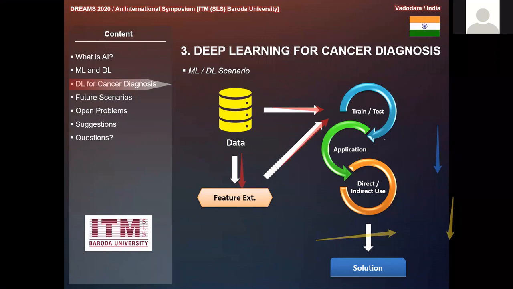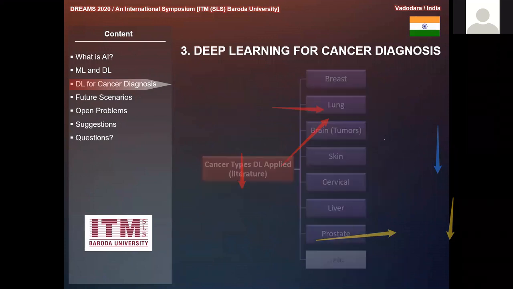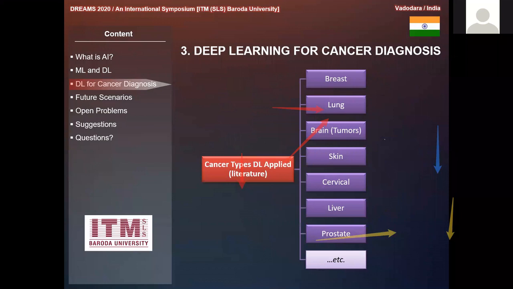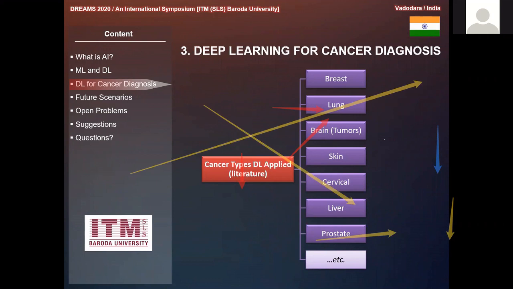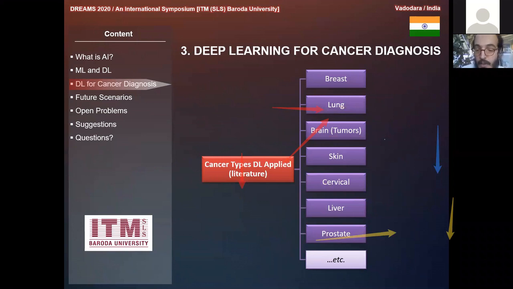And when we talk about deep learning, by considering the current state of the literature, we can say that there are different cancer types where deep learning is widely applied. For example, there is breast cancer, lung cancer, brain tumors, and also skin, cervical, liver, and prostate cancers, which are widely researched on the deep learning side.